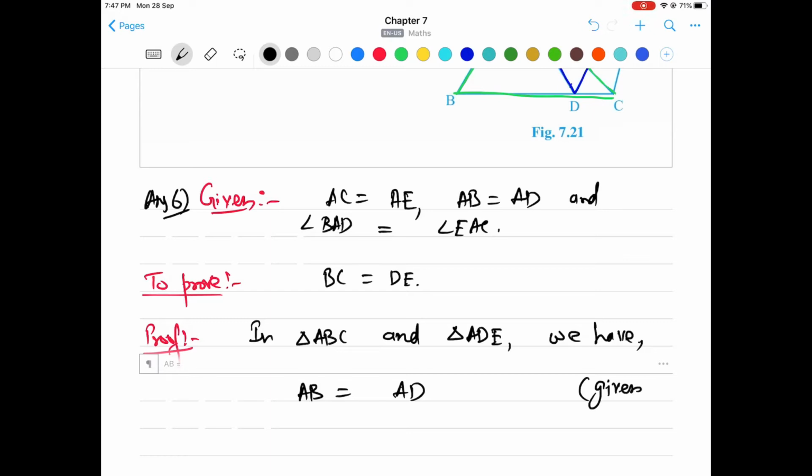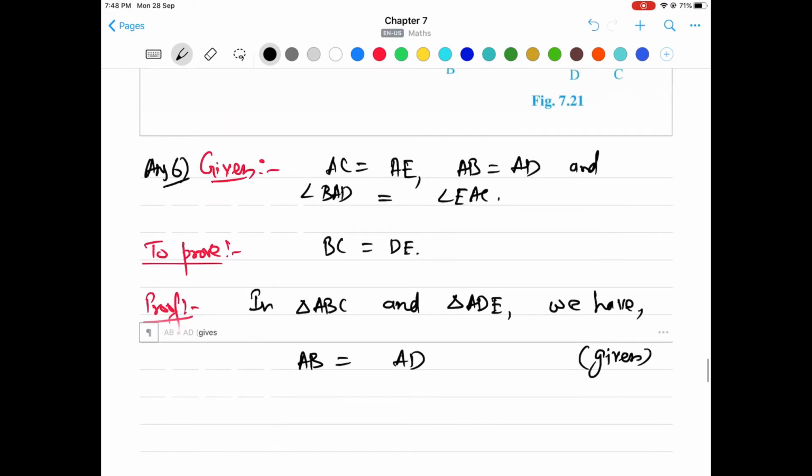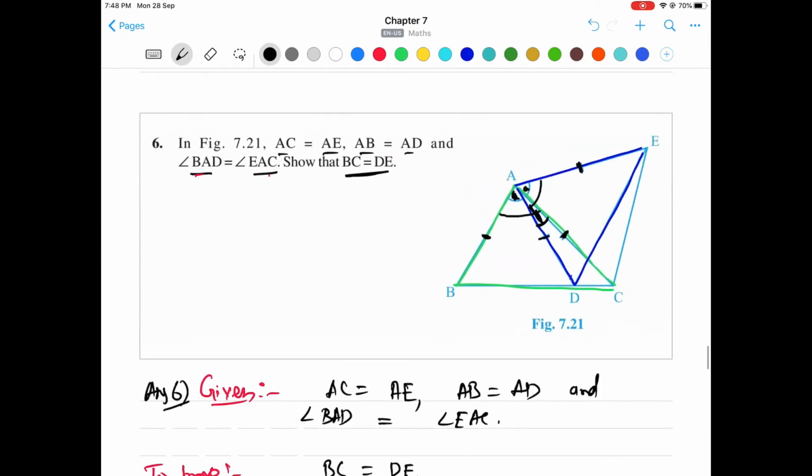This is given. Then we have the angle BAD is equal to angle EAC. This is also given. So what we're going to do here is we will add this angle DAC.